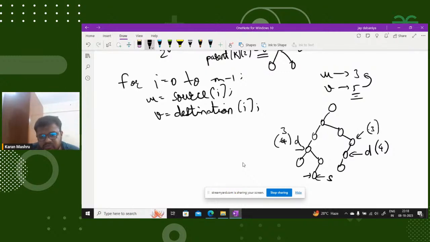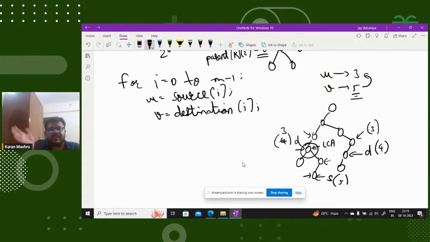The level of this is also 3, and the level of this source is 5. If I make source and destination both jump equally, suppose I made both of them jump one step, destination will come here and source will come here, but my LCA was this only, because it was the ancestor of source, right?